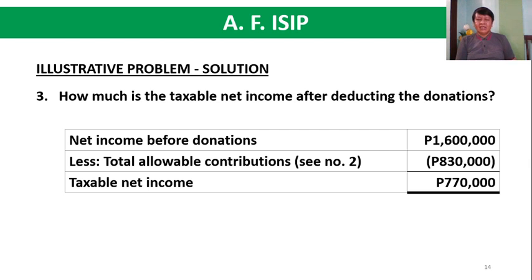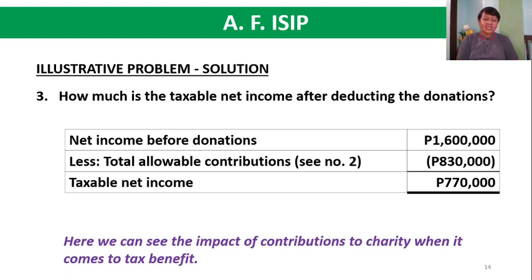What is the logic why donations are allowed even though this is not a business-related expense? Because the government encourages everybody to exercise their social responsibility in helping other people. So here we can see the impact of contributions to charity when it comes to tax benefit.